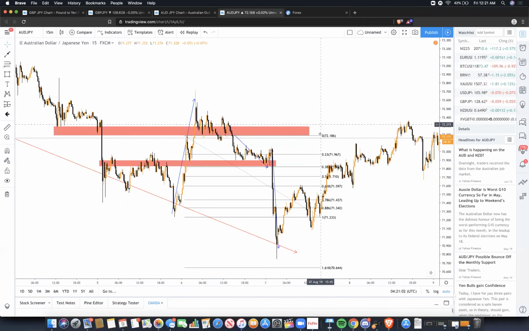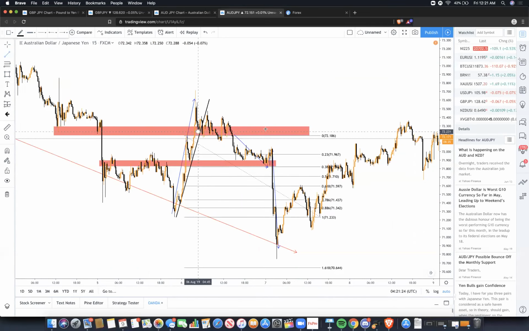Now, how do I verify that? If I'm drawing my Fibonacci based off of this trend here, and this right here is my last touch of the trend, what am I doing?